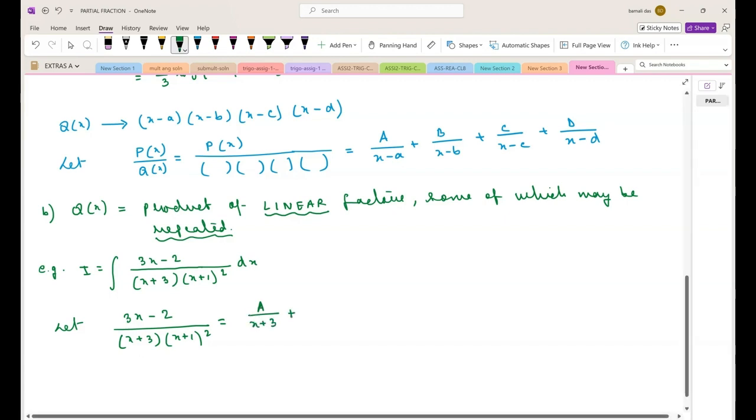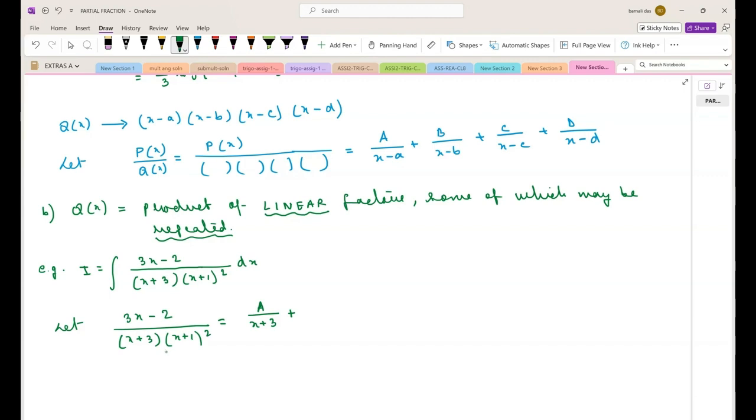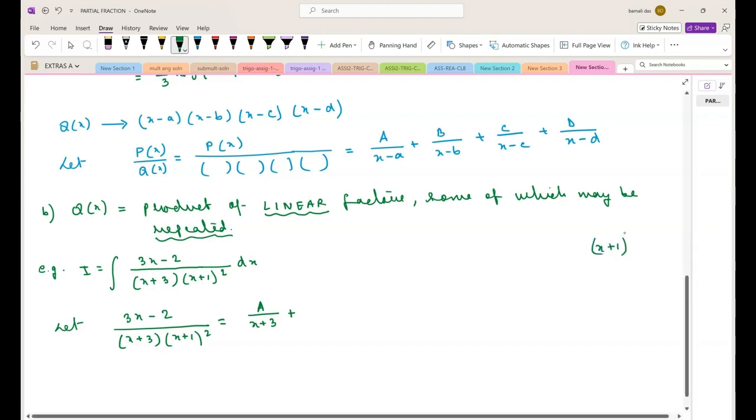But when you have a particular factor repeated, then you have to take one constant for each power of the factor. For example, let me write it here. You have x plus 1 whole square.